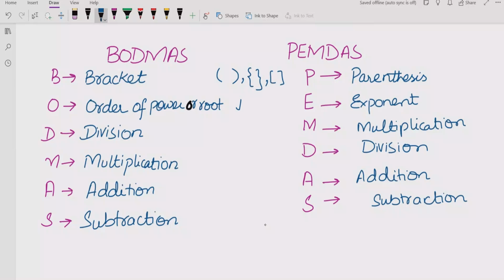The root is square root or any root, and power is exponential, division is the division sign, multiplication is this one, addition is plus, and subtraction is minus. So these are the rules you can apply to solve this expression.